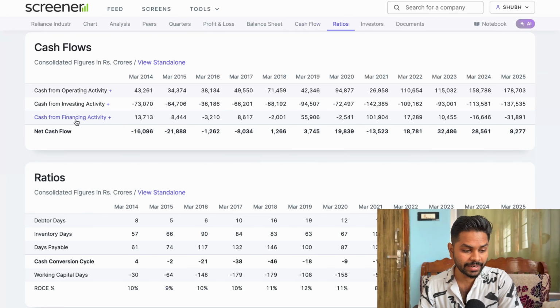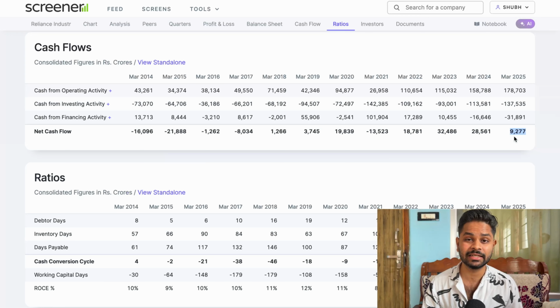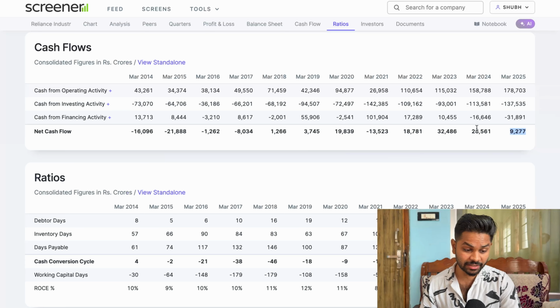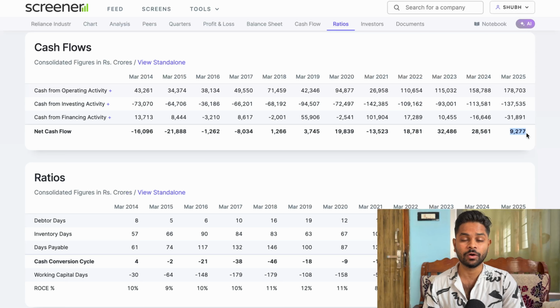So net to net, in 2024 the money received was 28,561, and this time the money that came into the business was 9,277. The number has reduced, right?